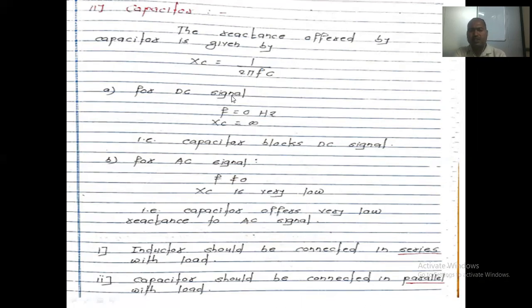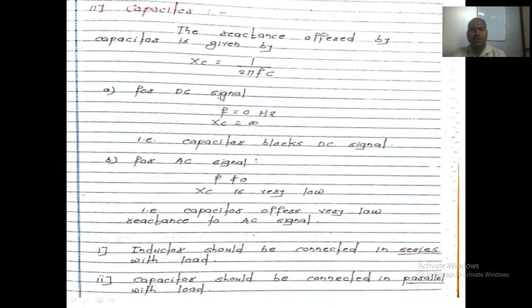Did you understand this thing? I'll repeat again. The capacitive reactance offered by the capacitor is Xc equal to 1 upon 2 pi Fc. This is the equation for it. Frequency for DC is 0, so 2 pi into all of the things is nothing but 0. 1 by 0 indicates infinity.